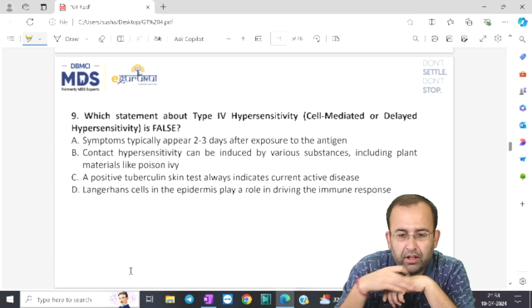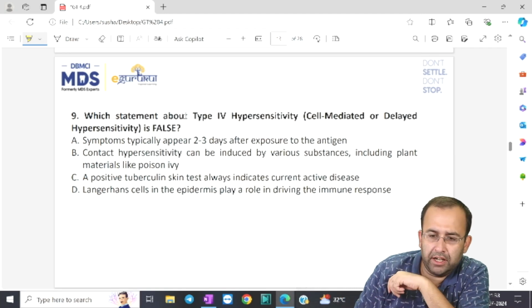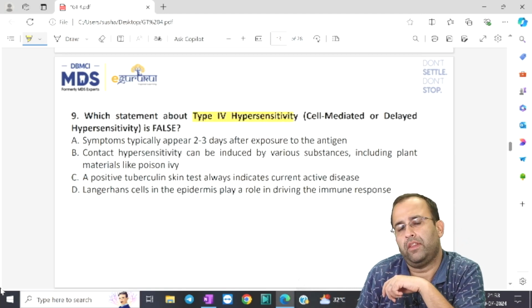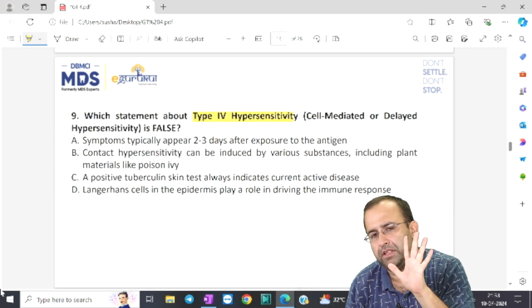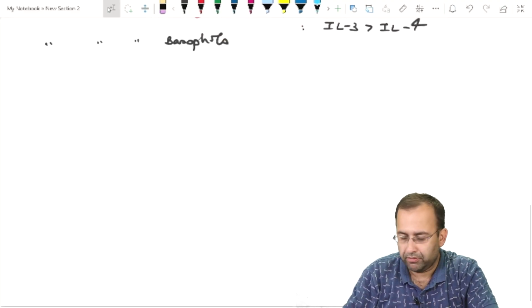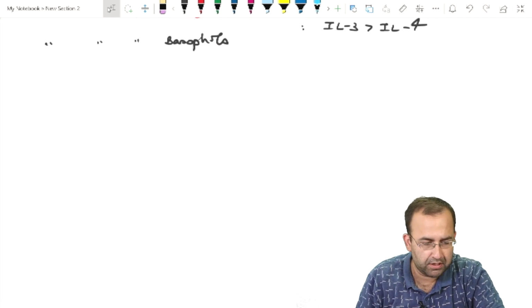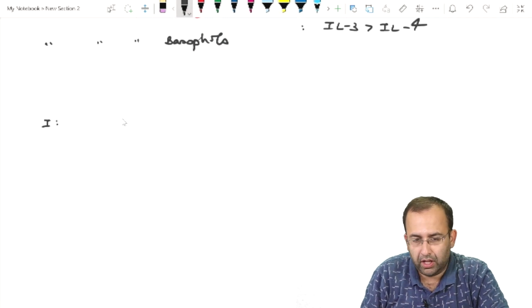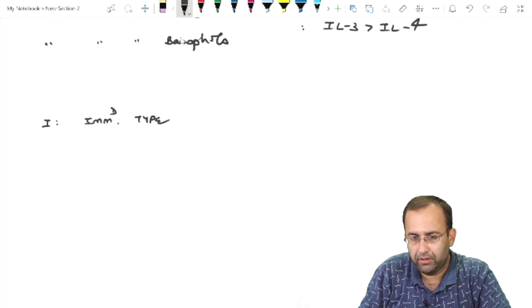Next question. Which statement about type 4 hypersensitivity is false? You know that there are 5 types of hypersensitivity. Type 1 is asthma or allergy, the immediate type.